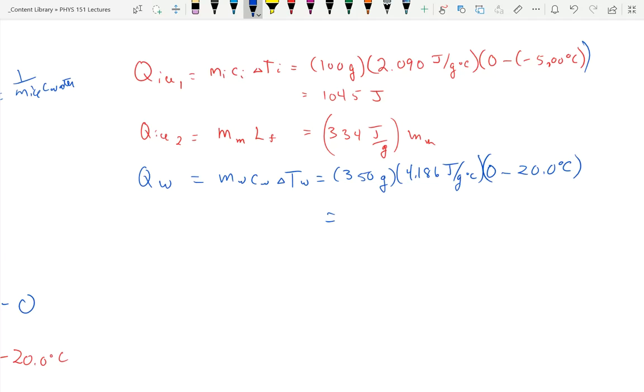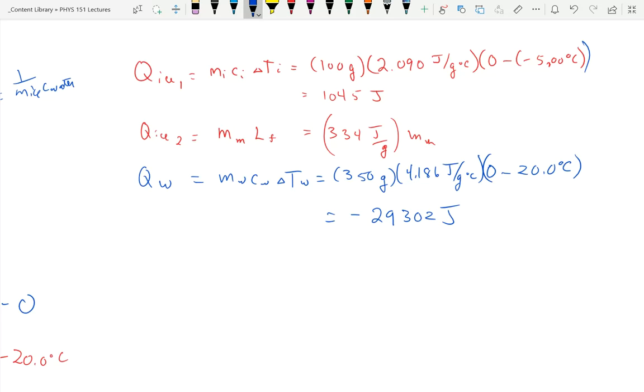So what do I get when I multiply that through? Because I know everybody calculated that already. It's how much? Negative 29,302.